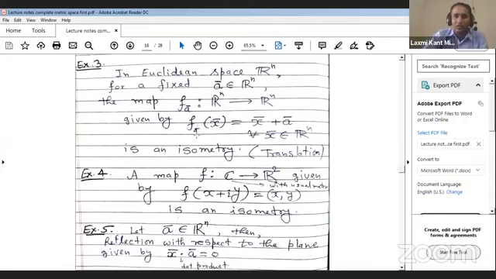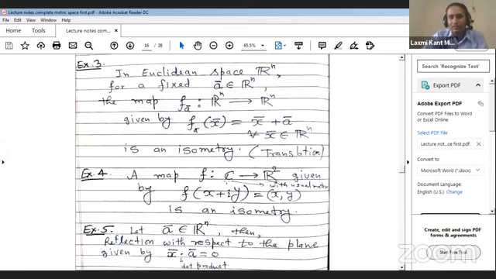You can observe that this is clearly an isometry. It preserves distance. One thing here I haven't discussed, I will tell you later.